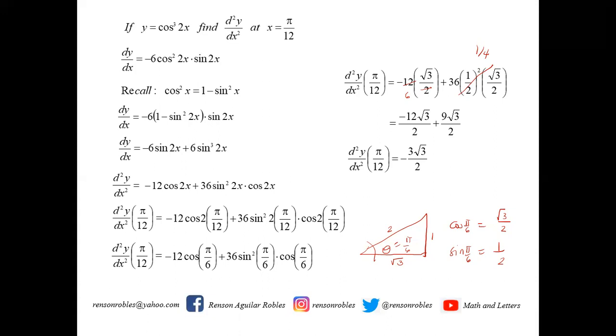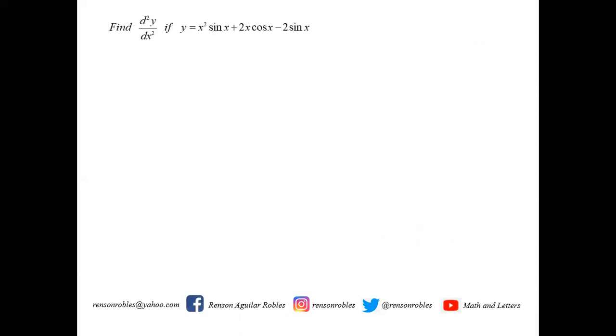Okay, so we wish to find the second derivative of y in terms of x if y equals x squared sine x plus 2x cosine x minus 2 sine x. So for the first term, we use derivative of product. So the derivative of x squared sine x is x squared times derivative of sine x, it's cosine of x, and then plus sine x times derivative of x squared, and that is 2x.